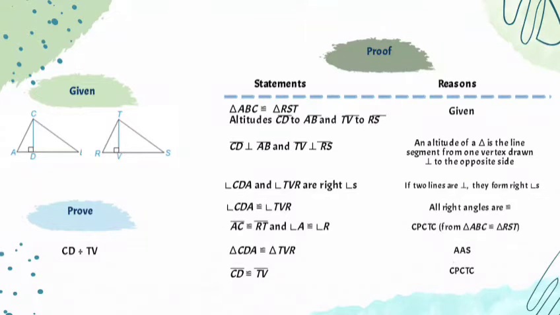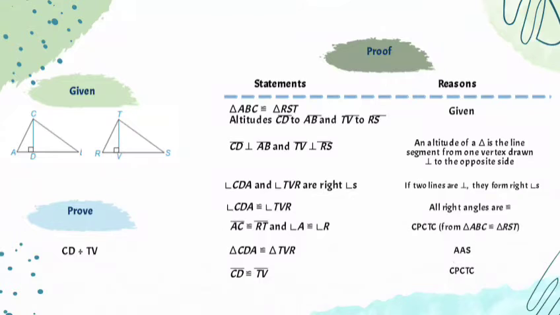The fourth statement: angle CDA is congruent to angle TVR. The reason is all right angles are congruent. The fifth statement: segment AC is congruent to segment RT, and angle A is congruent to angle R. The reason is CPCTC from triangle ABC congruent to triangle RST.